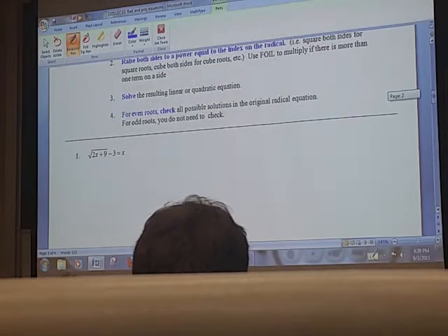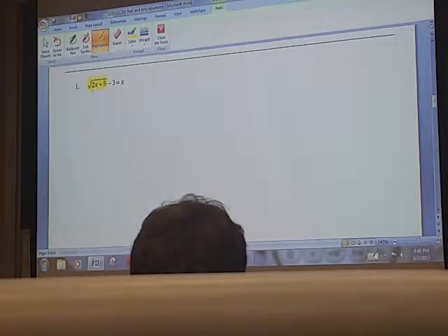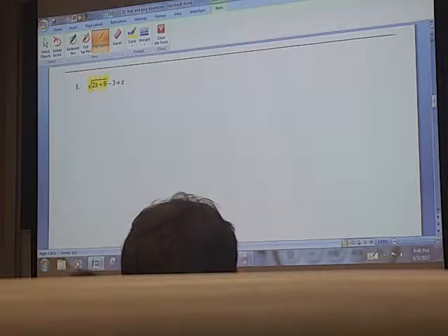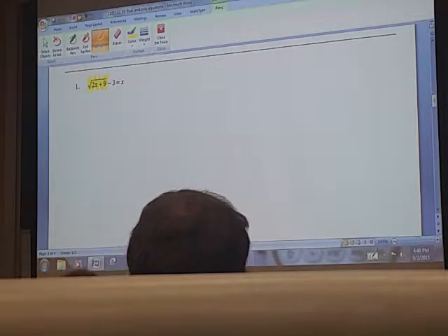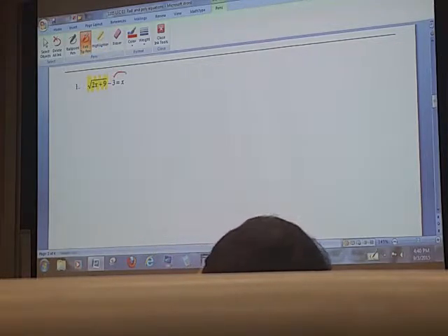So, first thing is, no matter how many I may have in here, square roots or cube roots or whatever they are, I need to start by isolating one of them. This one only has one. So like you would get x by itself, I'm going to get the square root by itself. That basically just means I'm moving the 3 over there.